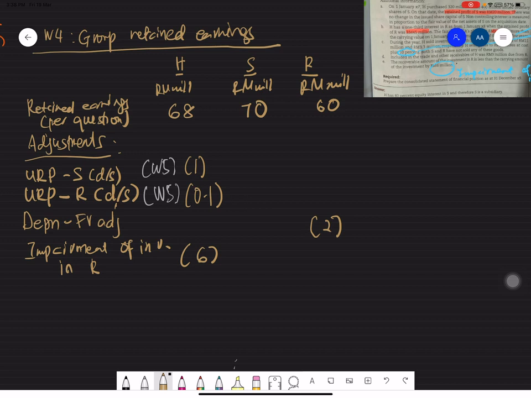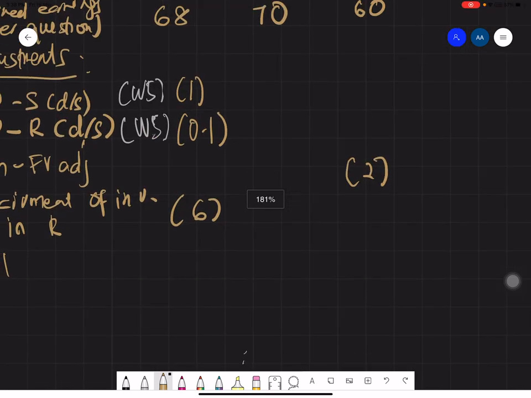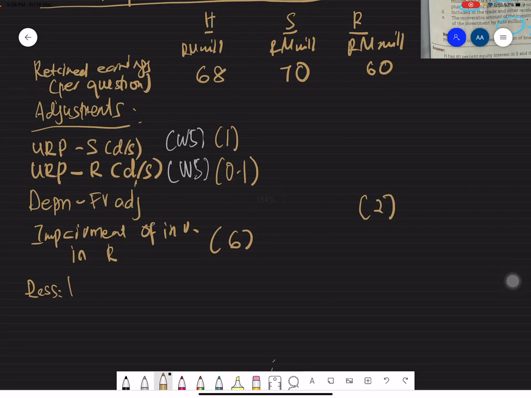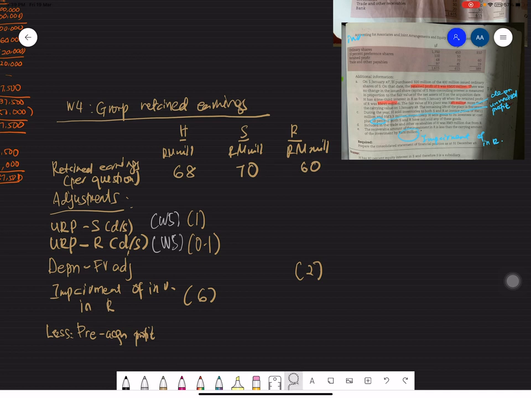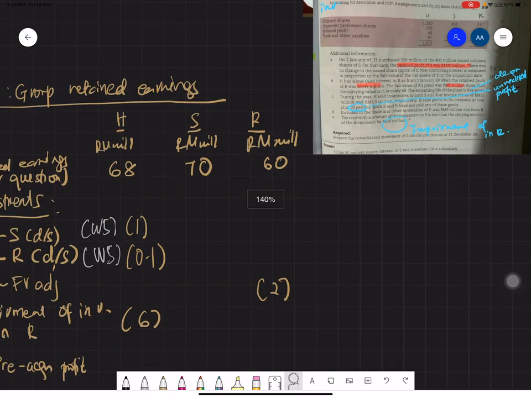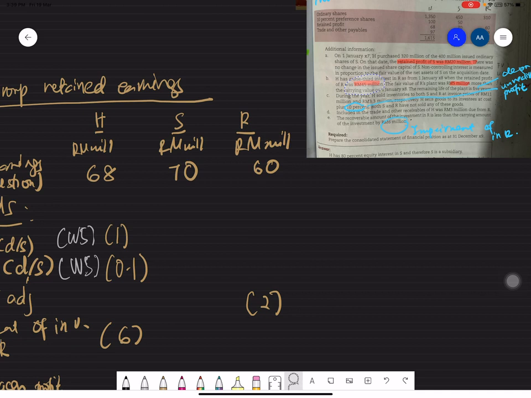Before we finalize everything, bear in mind you also need to exclude pre-acquisition profit, because only post-acquisition profit will be included in the accounts of H. Of course, H has none, since H is the parent. So it is the pre-acquisition profit of S and R, which is in the question: in R 45 million, in S 20 million.